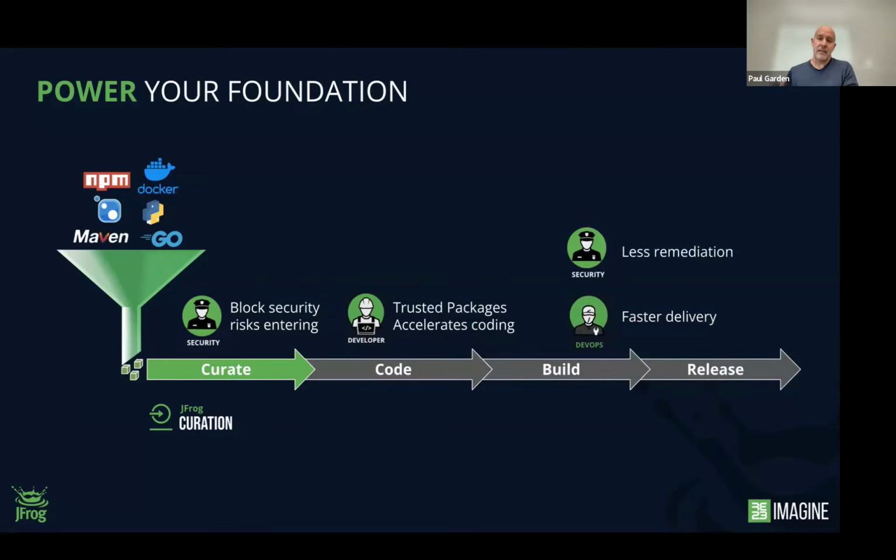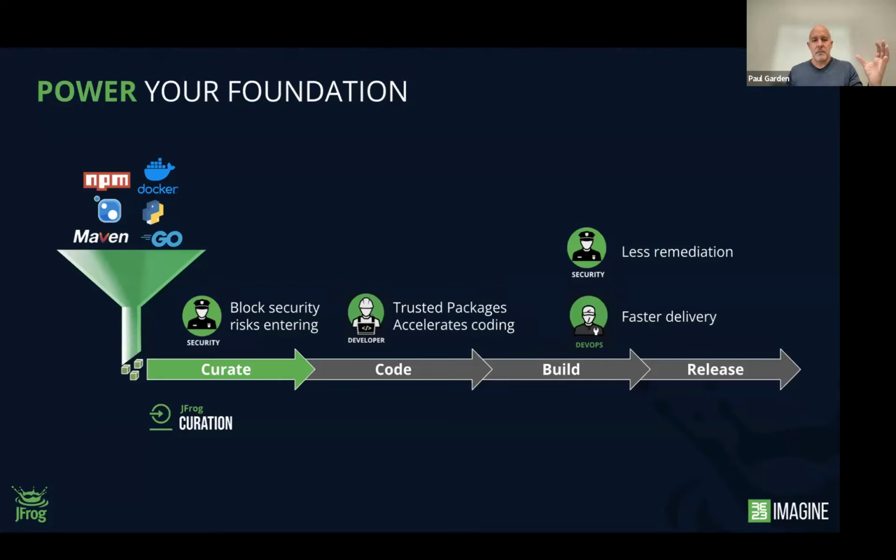Now, the knock-on effect of that means down the road there's less remediation to do. You're not fixing things because you block them, or you make sure you pull in package versions that aren't malicious or don't have a high severity CVE in them. In turn, that means faster delivery for the DevOps team or the release management team.